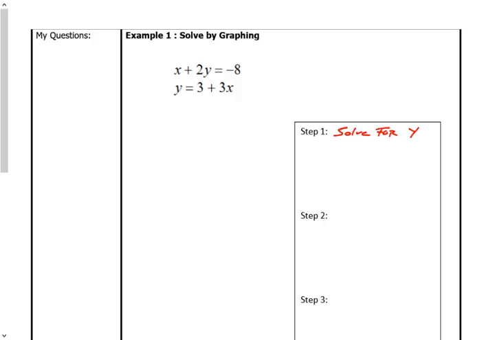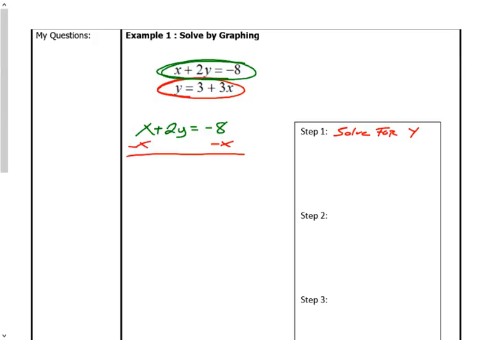Now the nice thing is this one's already solved, so I only need to solve this one. And hopefully there's no issues with solving for y, but I will write out the steps for you. Subtract x from both sides. Divide by the y coefficient, and make sure we're dividing everything by that value.